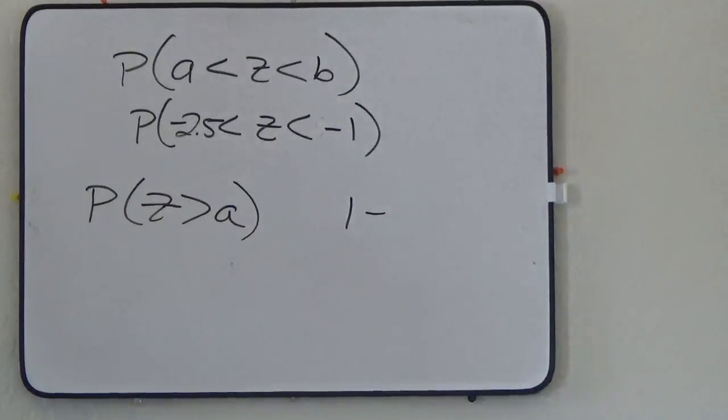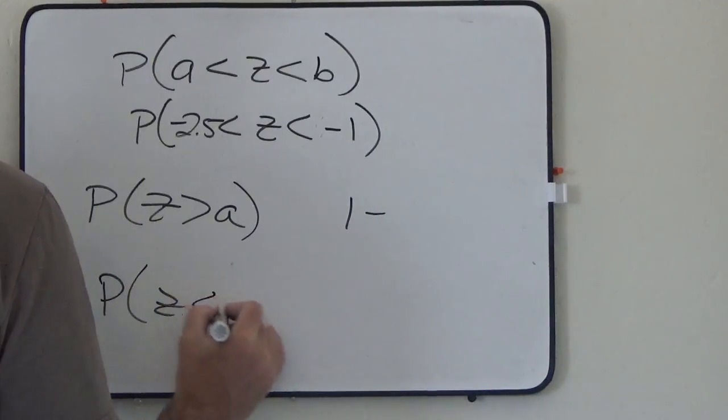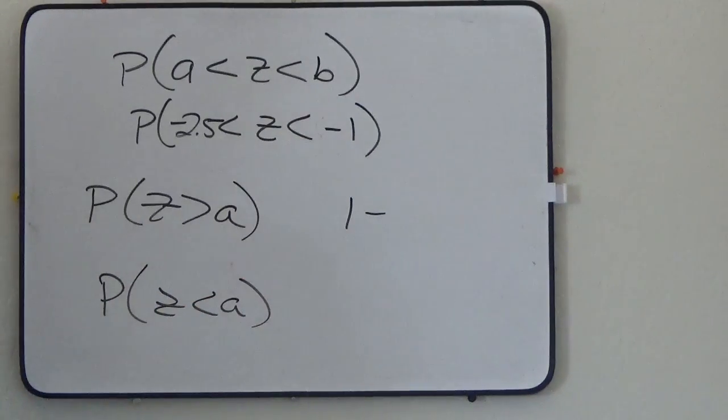It's really hard to write that in notation, but you're going to do 1 minus whatever the probability of A is, because the probability of A is everything less than A, and we need to find out what everything greater than A would be. The next one is when the z-score is less than A. That is basically when you use the z-score to find the probability, that's your answer. And so that one you don't have anything special to do afterwards.